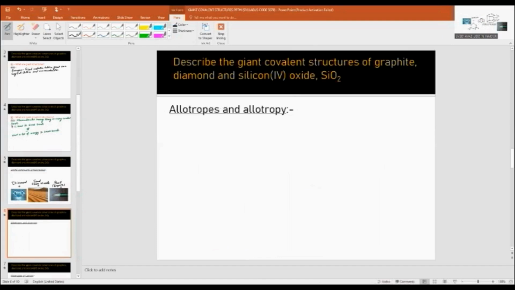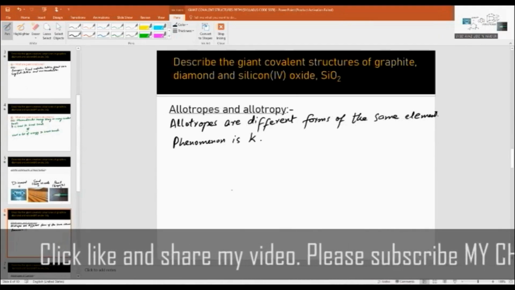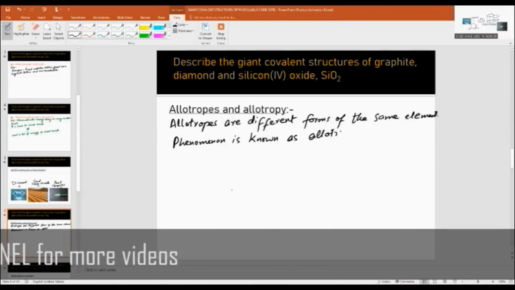Allotropes are basically different forms of the same element. The phenomenon is known as allotropy.